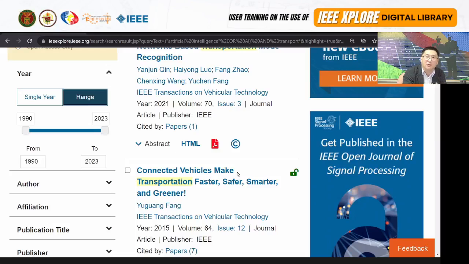So at this time, you are reading. You are not just reading for the articles, you're not just reading for the content, but rather you are assessing the research level of that particular article. Because these are articles that have been accepted and published by the journal, obviously there's a reason why they're accepted.